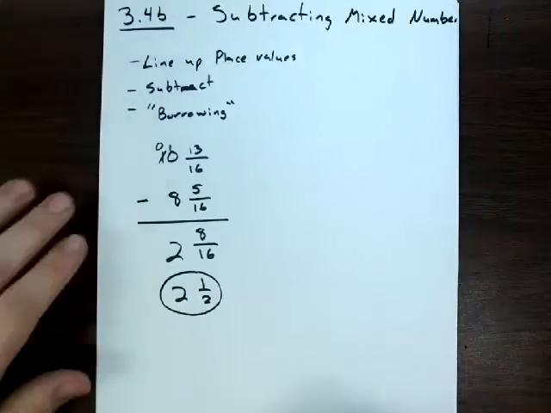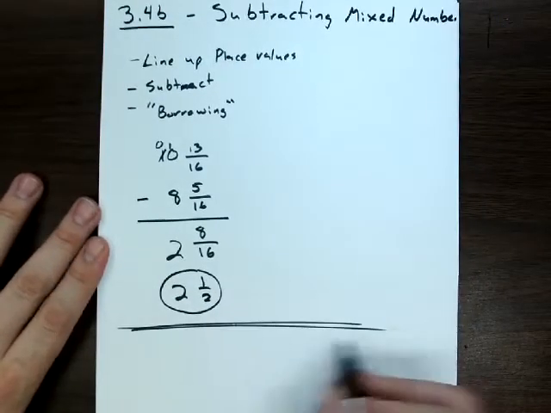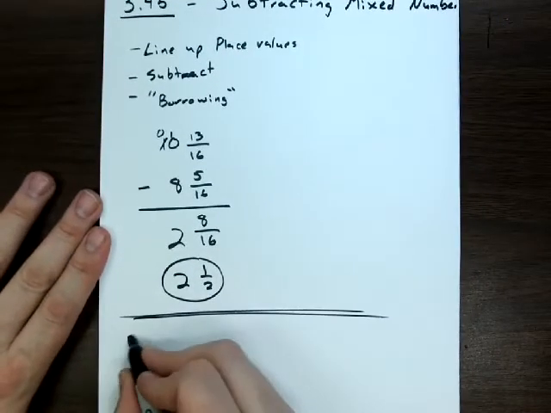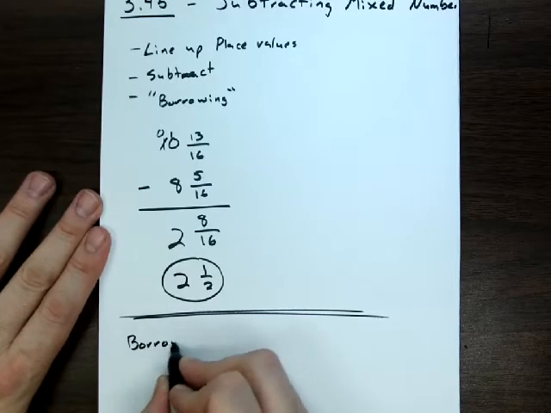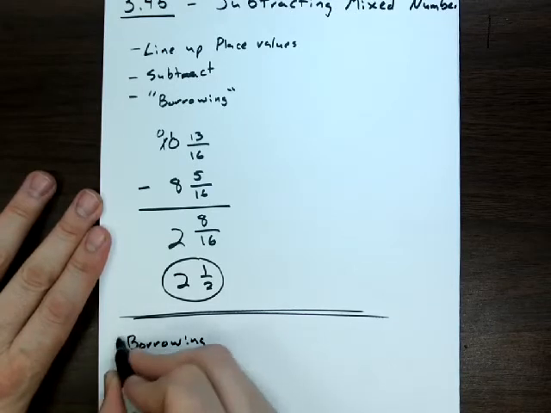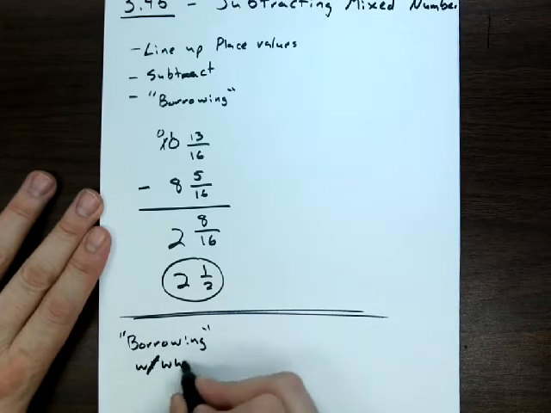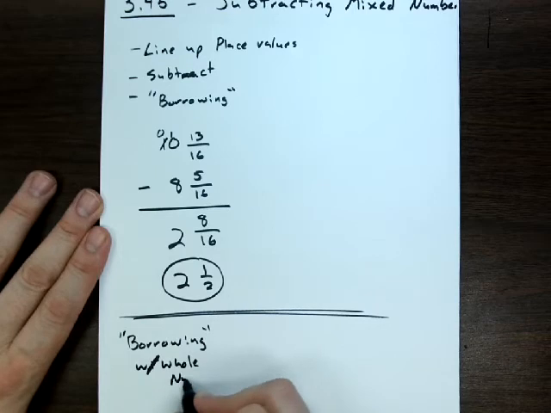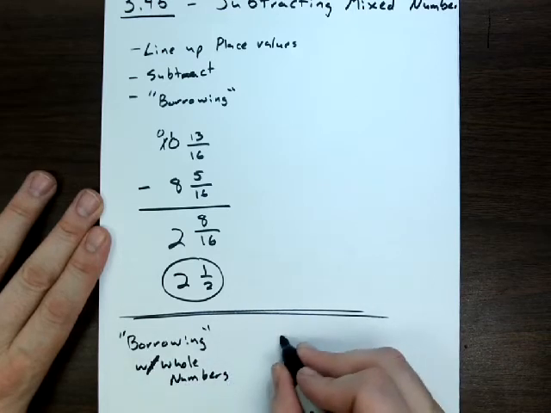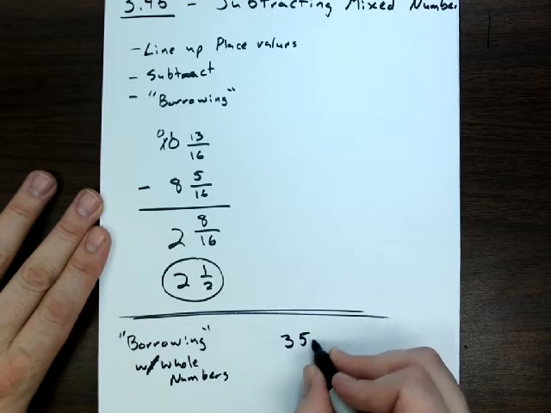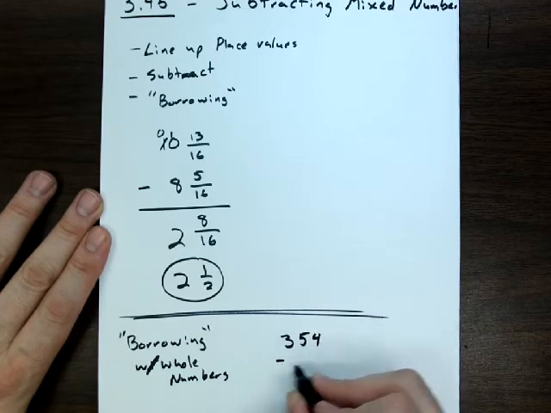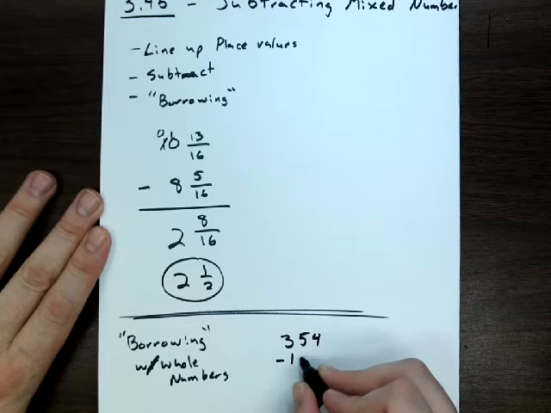So remember, if we needed to borrow with a whole number, so borrowing with whole numbers, we would have something like 354, and I could subtract from that, say, 148.